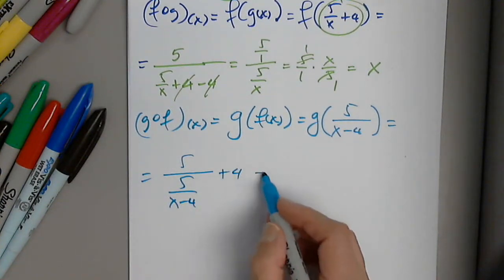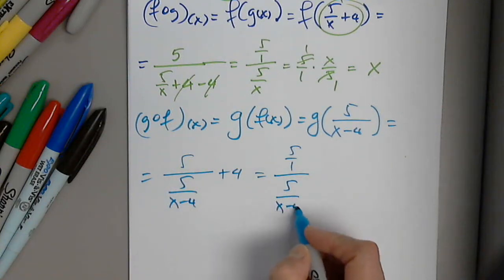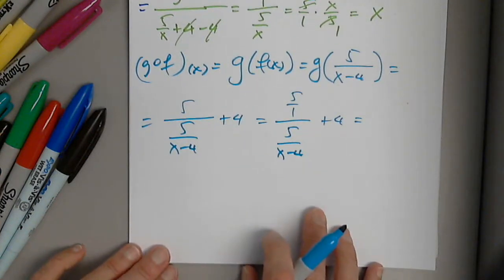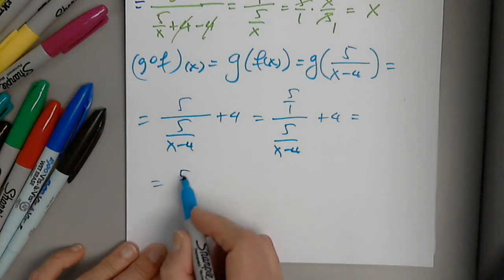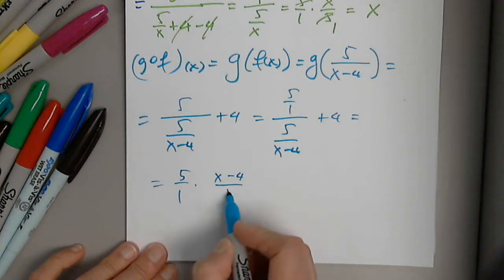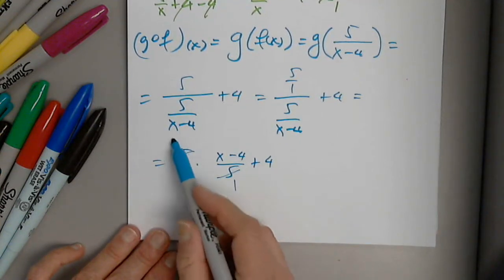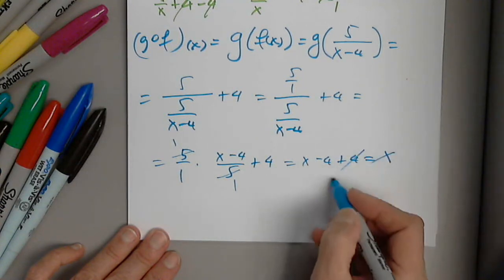So 5 over 1 at the top divided by 5 over x minus 4, and plus 4. So far, so good? So then this is 5 over 1 times x minus 4 over 5, and plus 4. I simplify, and I get x minus 4 plus 4. It happens to be x.